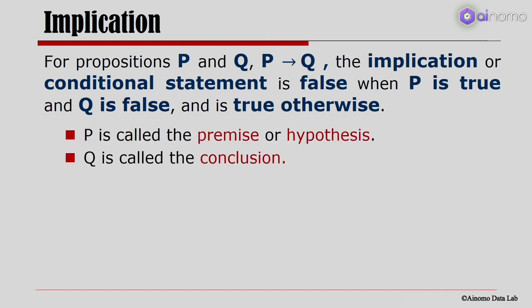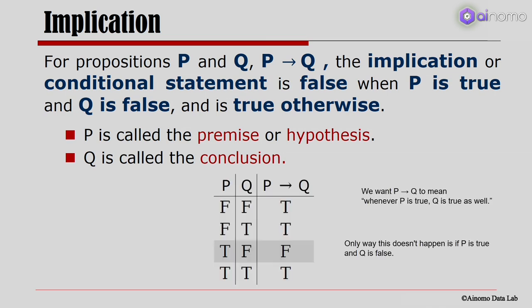So if we look at this statement, if P then Q, P is called the premise or hypothesis and Q is called the conclusion. The truth table of the implication if P then Q here shows that the only way to get this false is when P is true and Q is false.